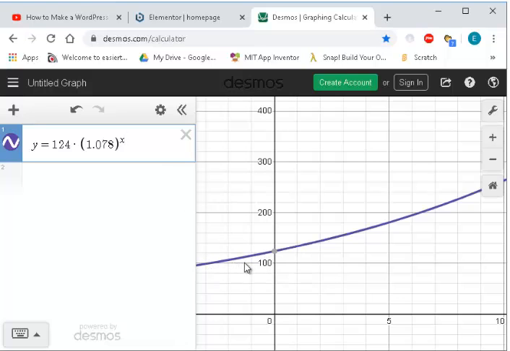So how can I make sure that the x values are going to be only positive here? To do this one, hit space and then open curly bracket and then type x has to be greater than or equal to 0. You can see now that the x values are only positive. The negative part is taken out.